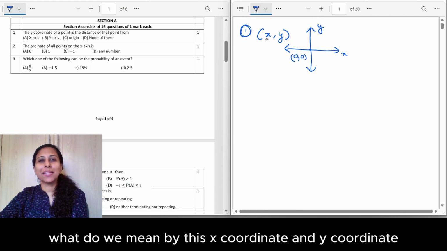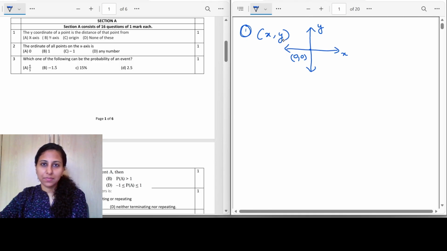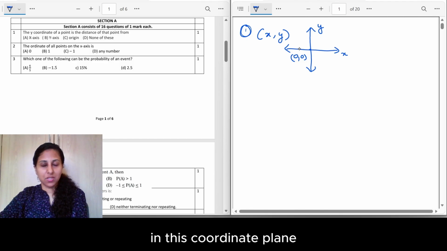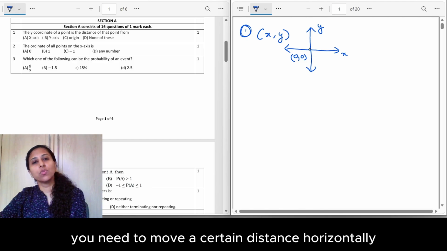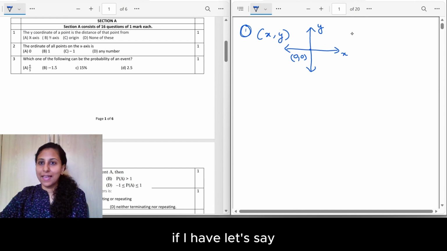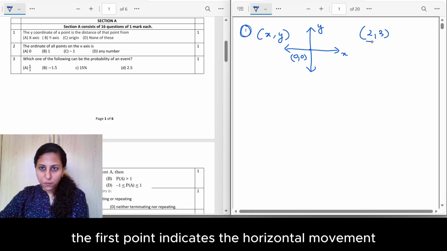Now, what do we mean by this x coordinate and y coordinate? To move from the origin to any other point over here in this coordinate plane, you need to move a certain distance horizontally and a certain distance vertically, right? If I have, let's say, the point 2, 3, the first point indicates the horizontal movement.